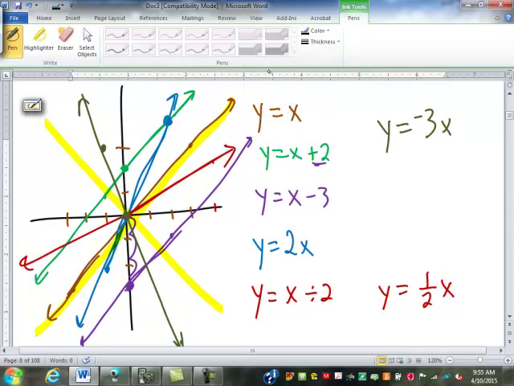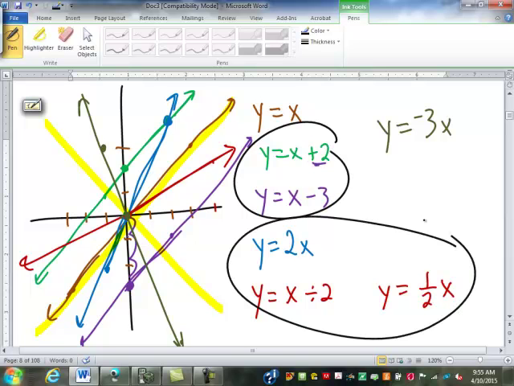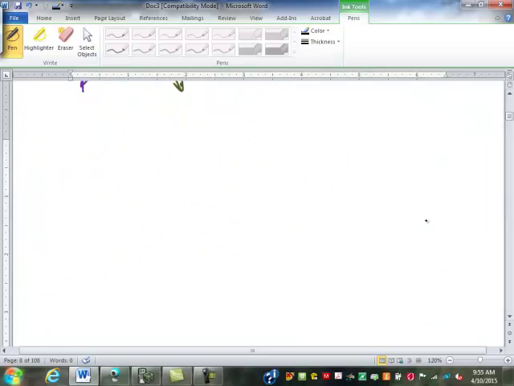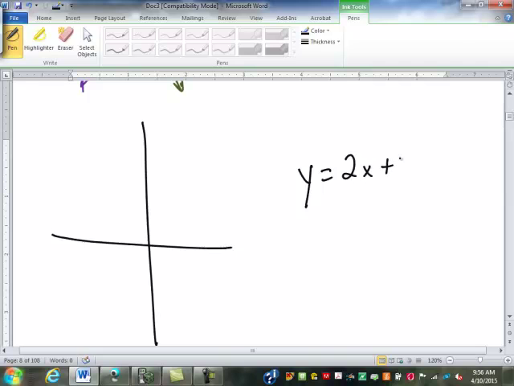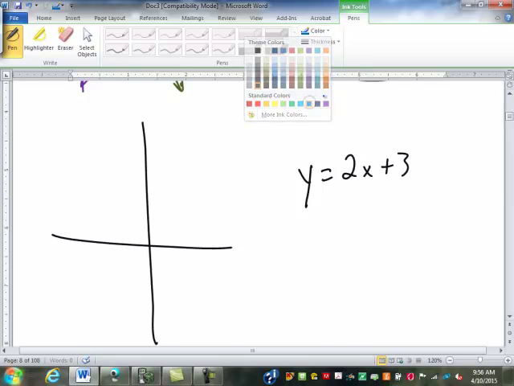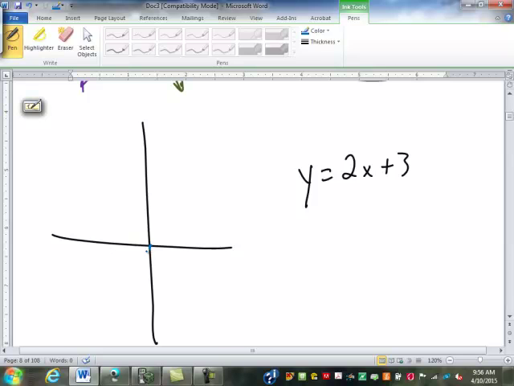So what we have is really only two things that we can do to change a linear equation. We could move it up and down, or we can change the angle that the line goes across the graph. So if I have y equals 2x plus 3, we said the center of the graph here was our origin, because that's the starting point.